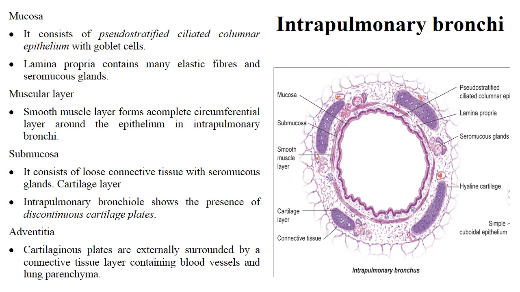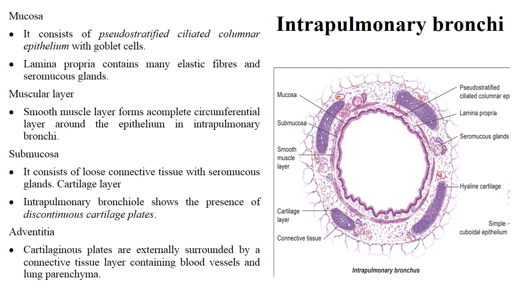Then the cartilaginous layer is there. So we have intermittent or discontinuous cartilaginous plates. We know that in the trachea there is a C-shaped single cartilage, but here we have discontinuous plates. Numerous plates are there, and in the trachea it does not line the entire circumference, but in the bronchi the cartilaginous plates cover the entire circumference.